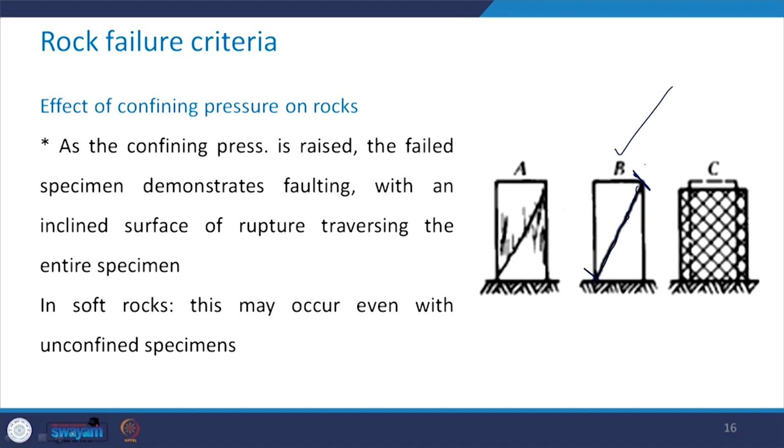Now in case of soft rocks, this phenomenon may occur even with an unconfined specimen. That means when you have, say, sigma 3 equal to 0 in case of soft rocks, then also you can get this type of situation.